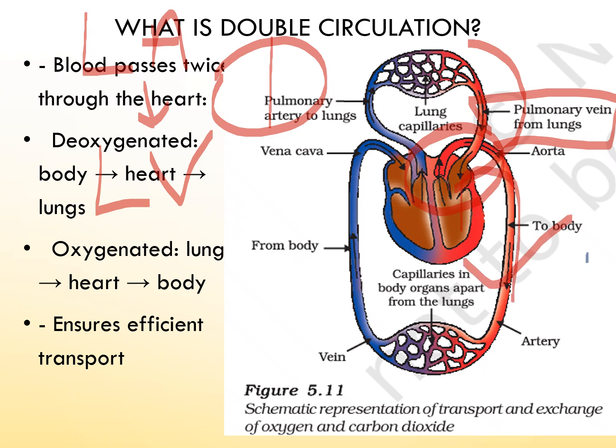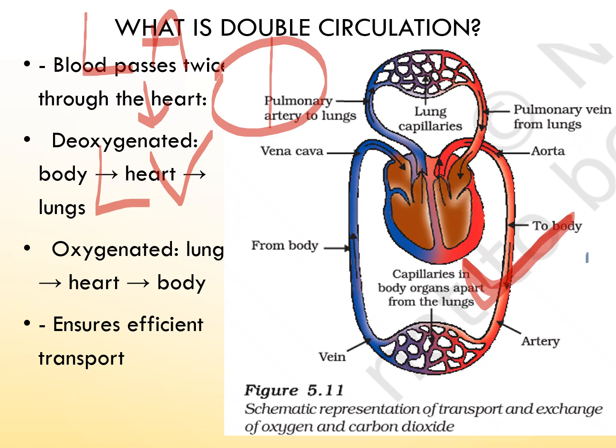It will push the blood back into the body parts, as you can see here, with the help of this blood vessel, the aorta. So the aorta will take the blood from the heart into the body parts.